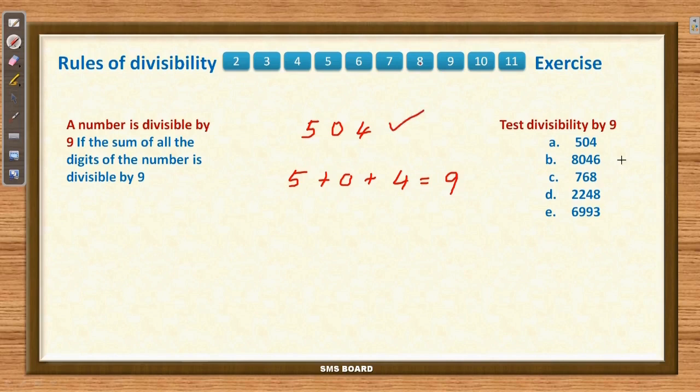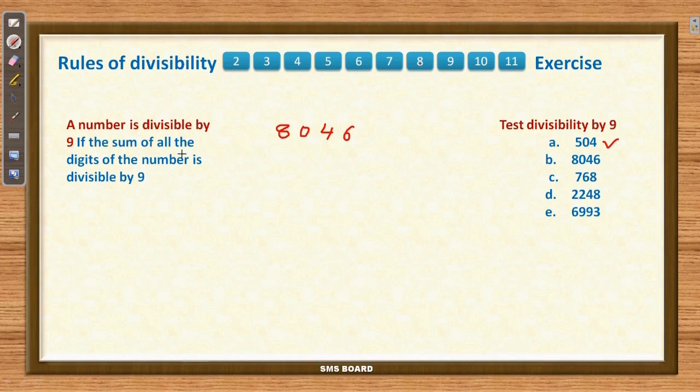So the first problem, 504, is divisible by 9. Let us go to the second problem, which is 8046. Here we will find the sum of the digits: 8 plus 0 plus 4 plus 6. 8 plus 4 is 12, 12 plus 6 is 18.